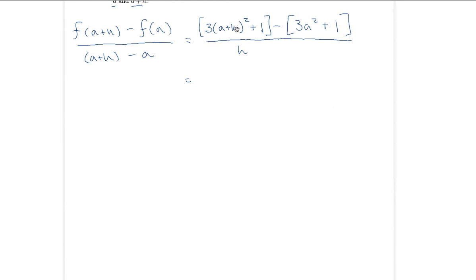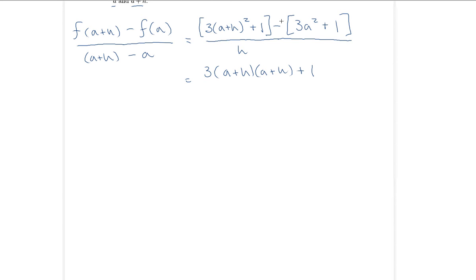All right, so the only thing that I can really try here is to just expand everything out. So remember, whenever you have a plus h squared, whenever you have a binomial squared, you need to actually write it out, right? A plus h times itself and FOIL. All right, so we don't want to forget that.